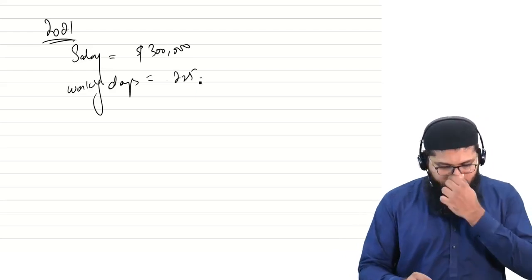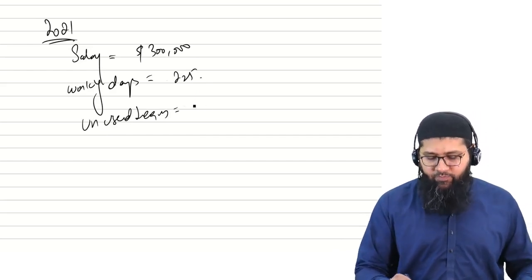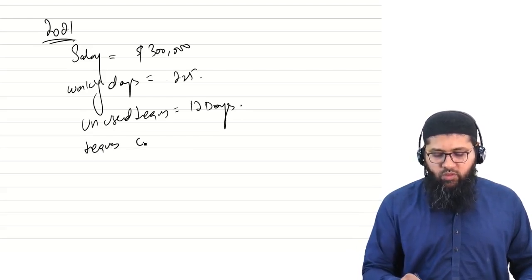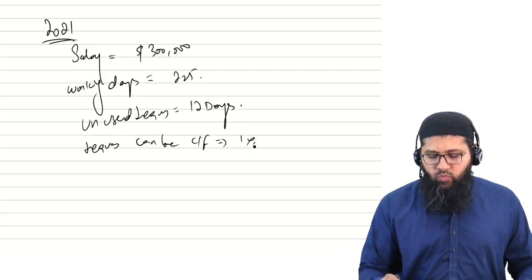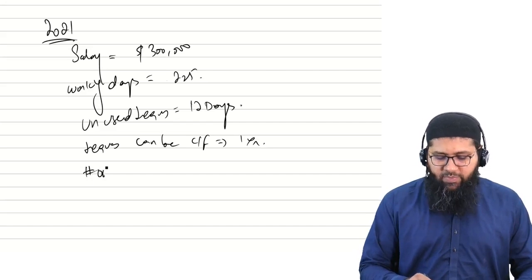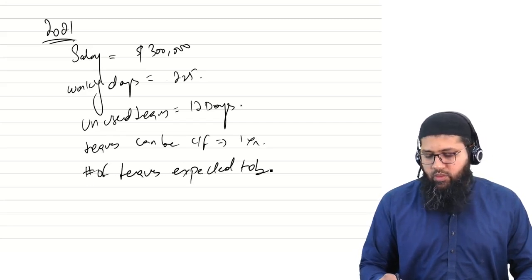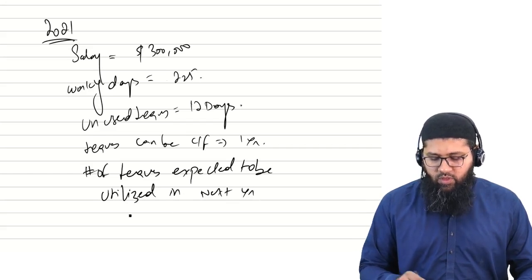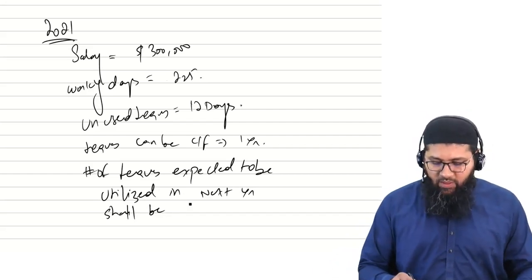The unused leaves are, let's say, 12 days, and leaves can be carried forward for 1 year. The number of leaves expected to be utilized in the next year shall be 10 leaves.